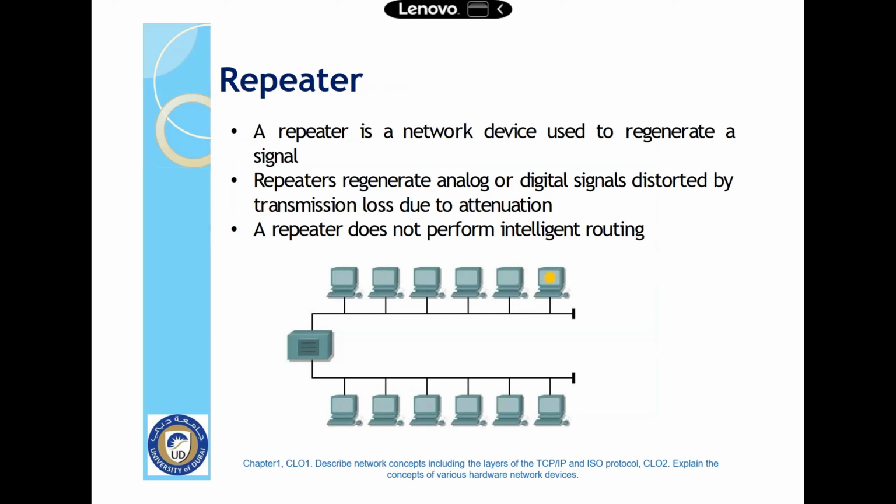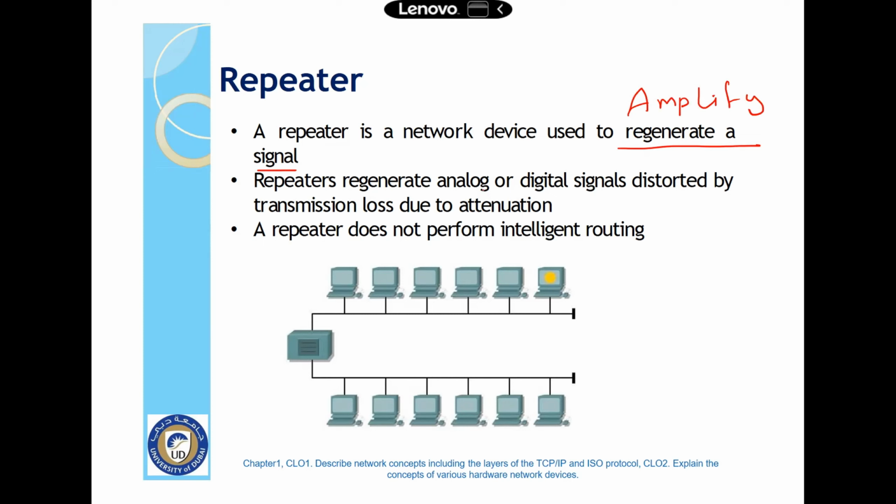To make sure that the signal is not lost, we add an intermediate device that will amplify that signal so that it is sent to the destination without loss of data. So the main job of the repeater is to regenerate, or we can say amplify, the signal.